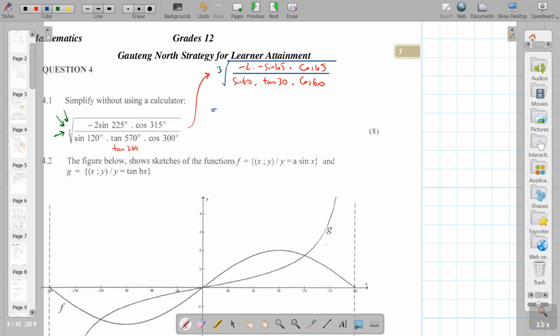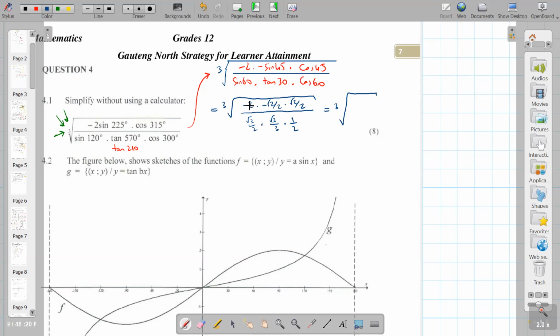So then we can just say cube root. Now write the values, like -2 times minus root 2 over 2 times root 2 over 2, one by one. And then you have root 3 over 2 times root 3 over 3 times 1 over 2. Just write the values. With no calculator, I believe they will be fine if you write those separately.